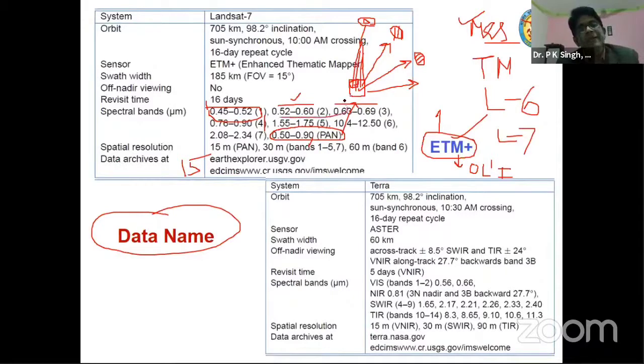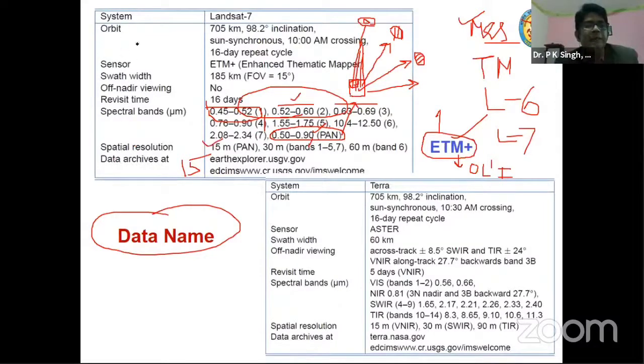You can make different color composites using these bands and merge them with the panchromatic band, so it will take the spatial resolution of the pan band. In that way, panchromatic bands are very helpful, because their spatial resolution is much better than the other bands. See here, 15 meter spatial resolution.